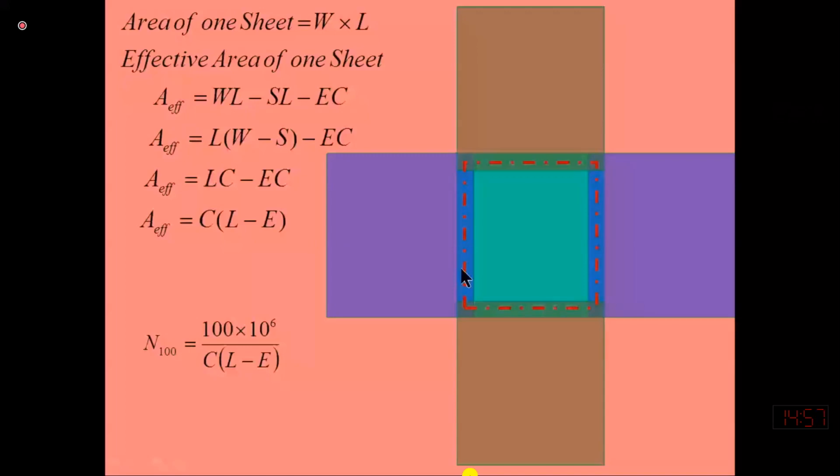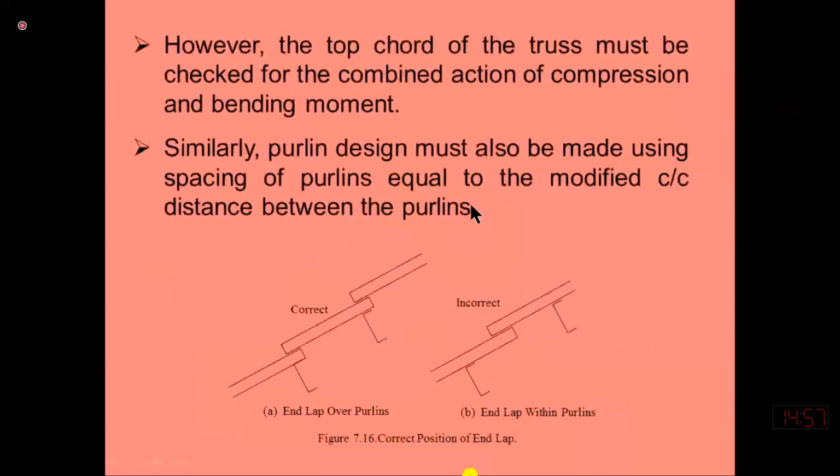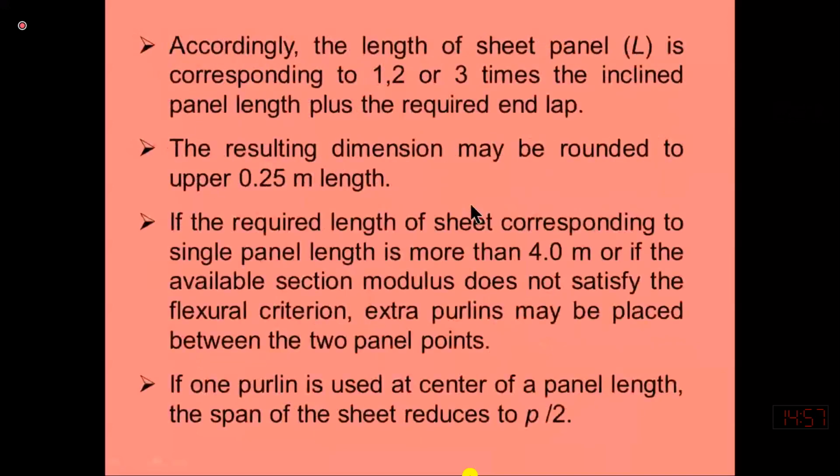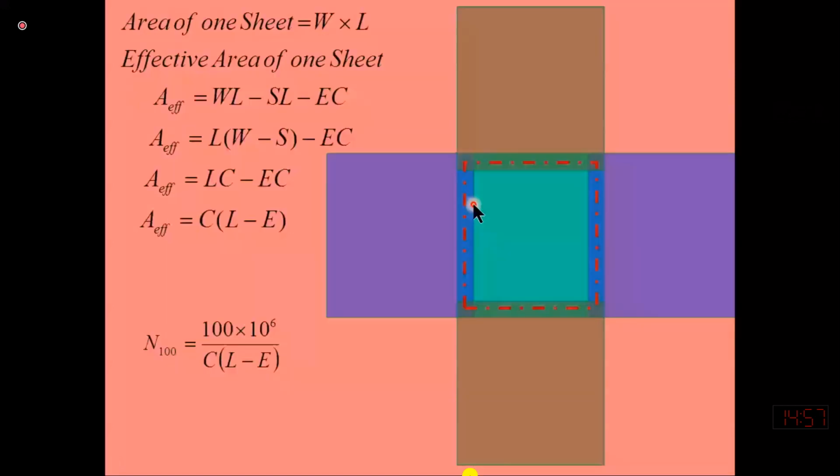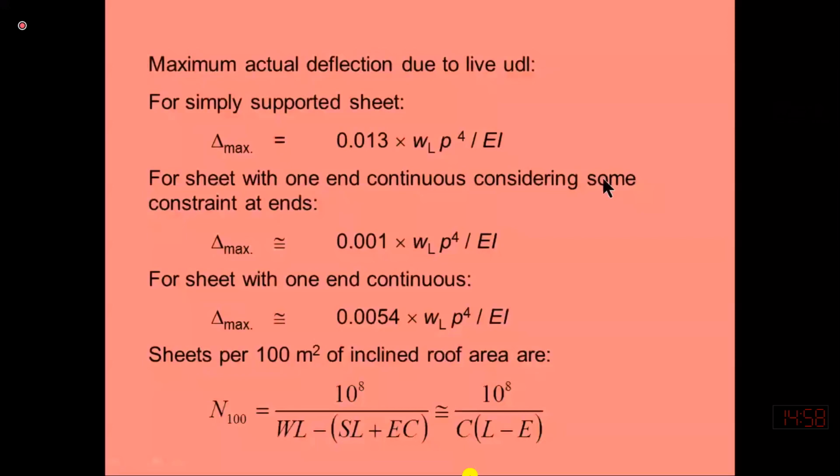If I sum up S by 2 from one side and S by 2 from the other side, the total extra width which is not covered is S. If I multiply by the length value, this is the portion which I need to subtract, S into L. That is S by 2 into L from one side, and S by 2 multiplied by length from the other side.